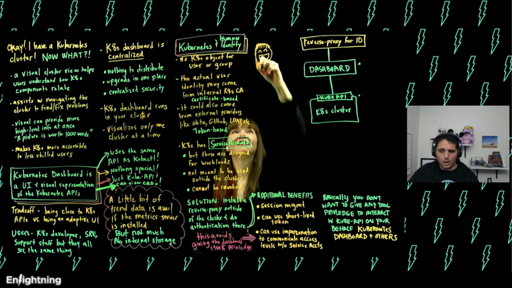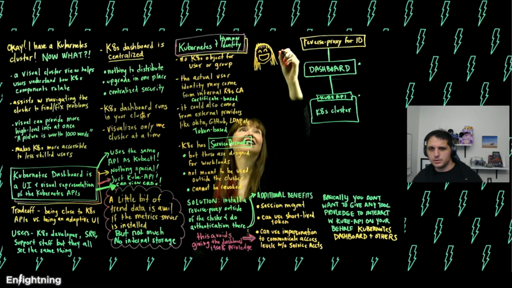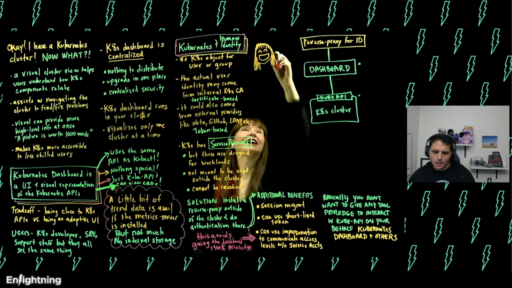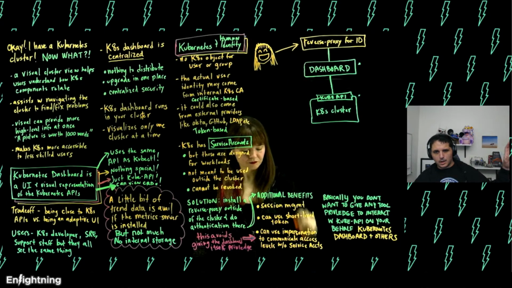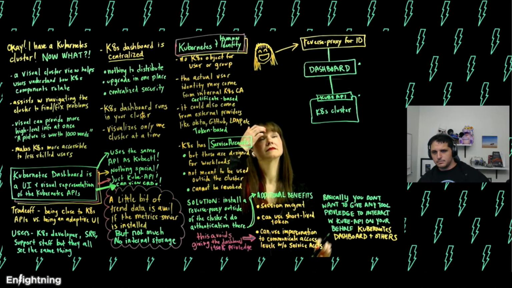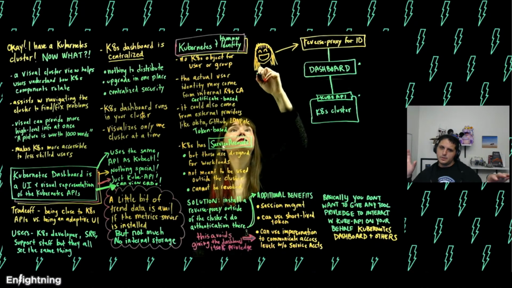Option one, and we go through these in the blog post that you put up earlier. Option one is you stand up an identity provider like Keycloak, Dex, or Pinniped, and then you use a tool like OAuth 2 Proxy.